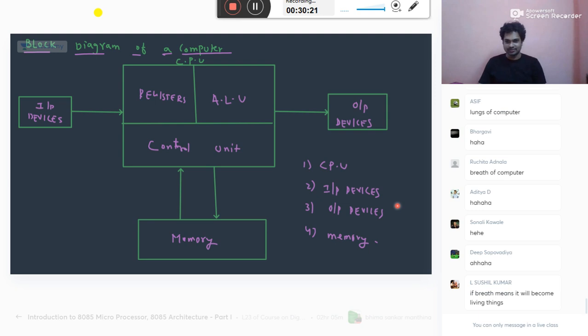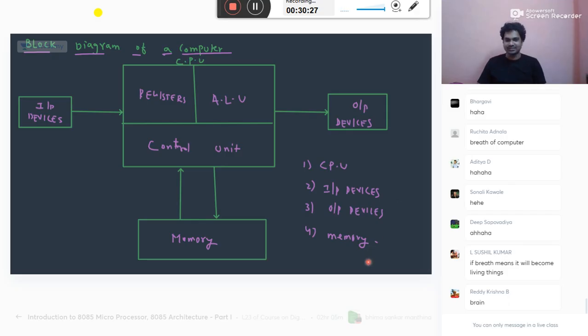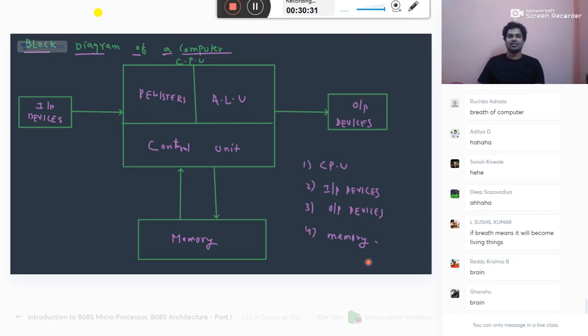Or is anything else, like the lungs nowadays, more important than the heart? Yeah, the brain. The brain is also correct.